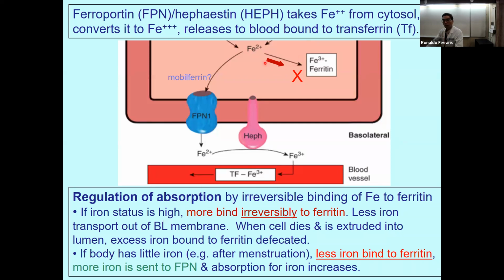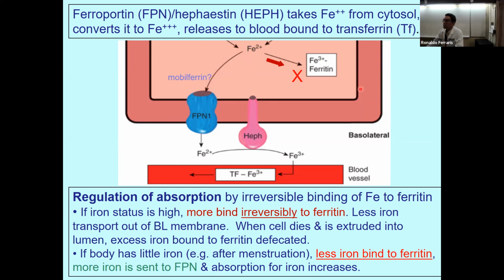So you have lots of iron. And therefore, if you don't need that much iron, the body encourages this dietary iron to be bound to ferritin, so that less iron goes through this pathway.